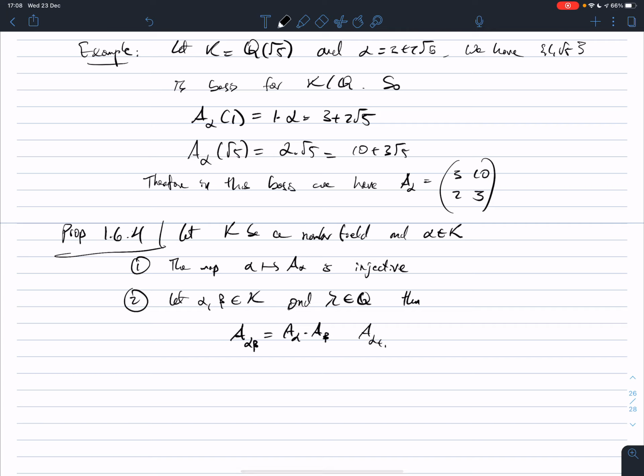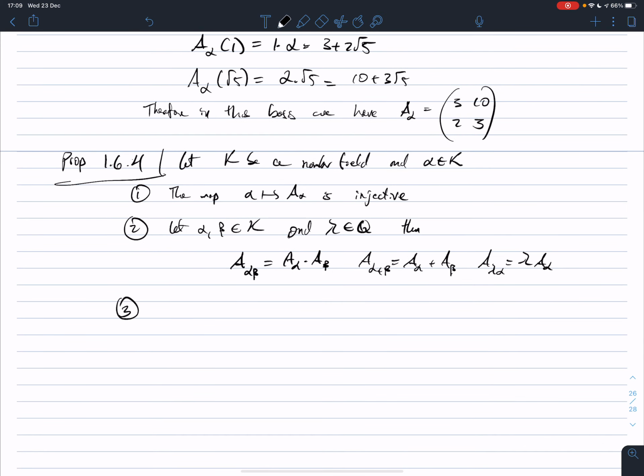A alpha plus beta is the same thing as A alpha plus A beta, and A lambda alpha is the same thing as lambda A alpha. If you think of this as a matrix, I just mean the diagonal matrix with lambdas on the diagonal times this matrix. So this part checks that it's a linear map, and this part checks that it's not just linear, it's multiplicative as well.